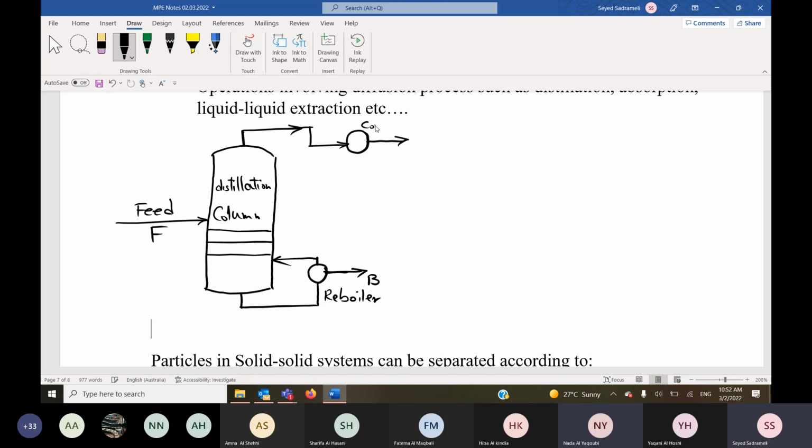This is the condenser. And we have the top product as D with XD composition. This is XB, the composition of the bottom. This is XF, the composition of the feed. And then part of it is sent back to the column as a recycle.